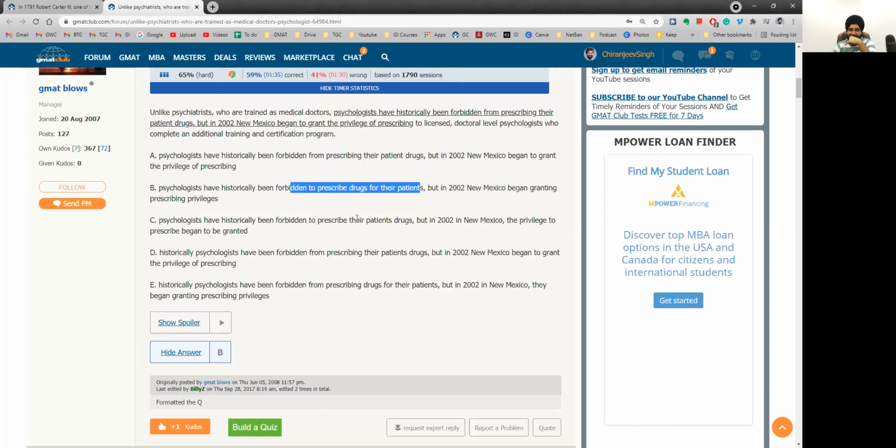So this is fine. In 2002, New Mexico began granting prescribing privileges to these people. In 2002 in New Mexico, the privilege to prescribe began to be granted. Again, I think it's just a quality issue. There is no grammar issue I can find here.